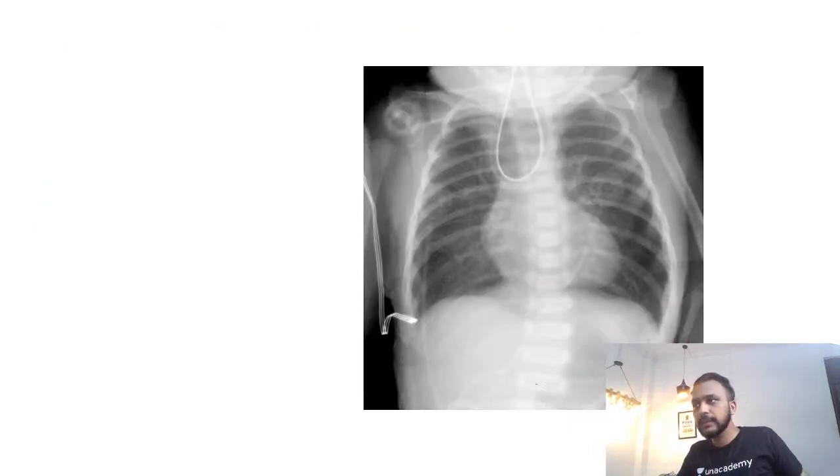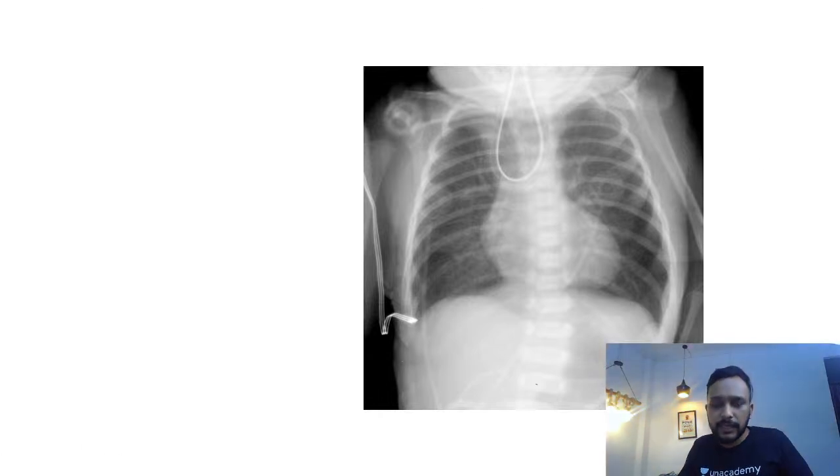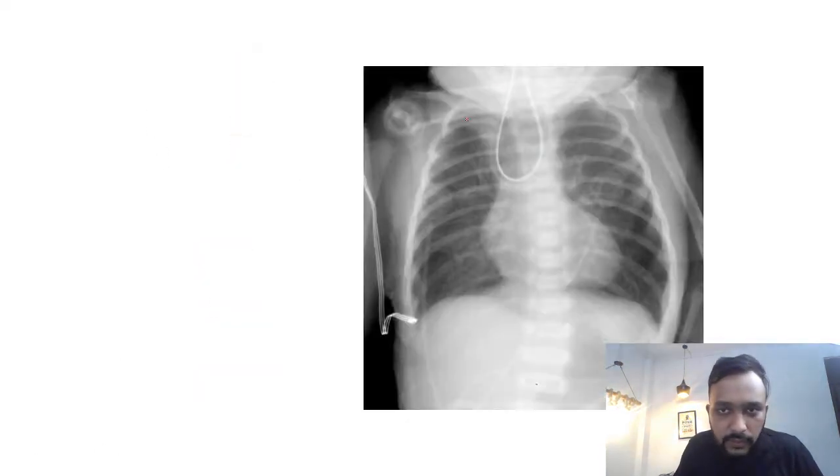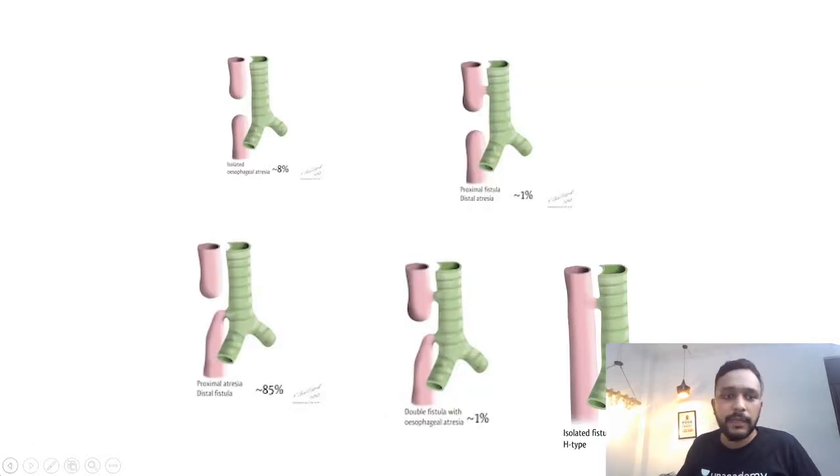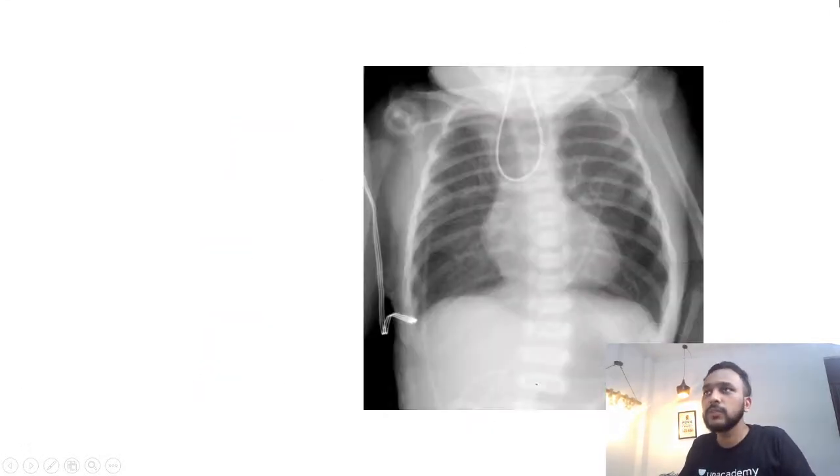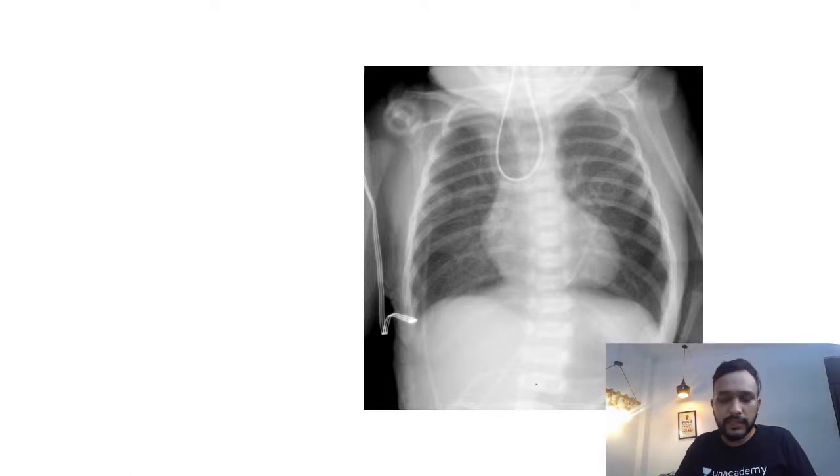Now guys, in this image what we are able to see is that there is coiling of this NG tube. So guys, can you tell me what can be the reason behind this coiling of the NG tube?